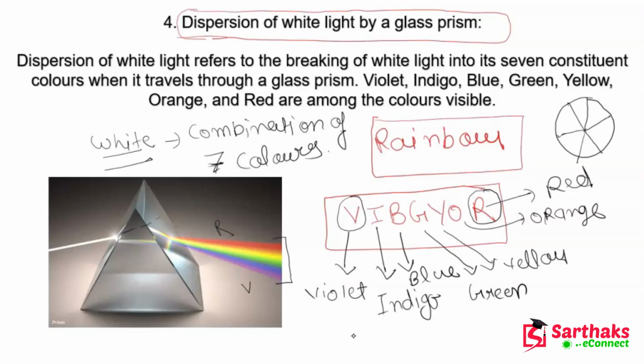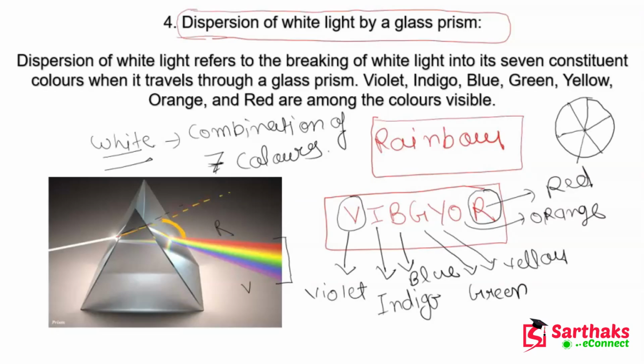Let me draw it with another pen. So if this is your incident ray, then you can see that this red is showing very little bending. And what is the reason behind it?